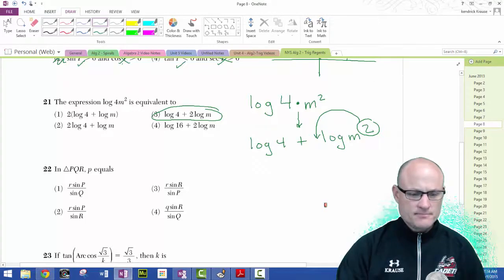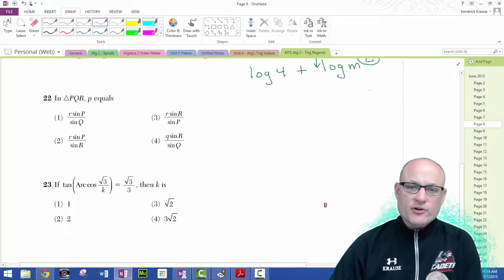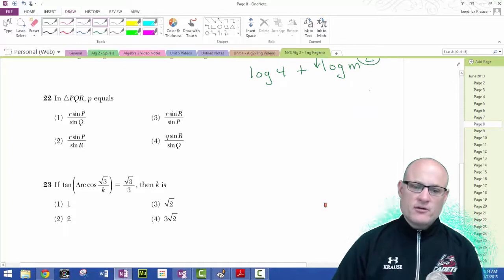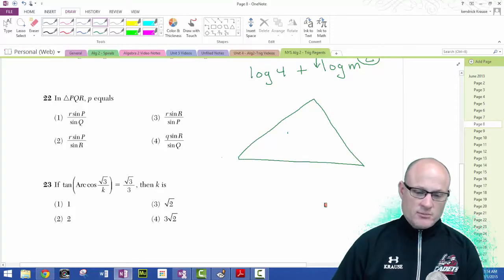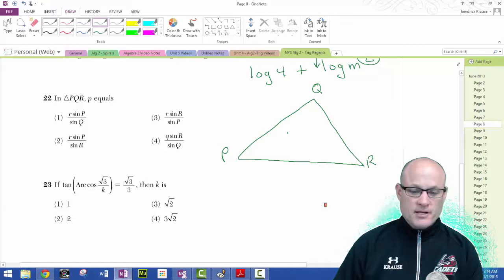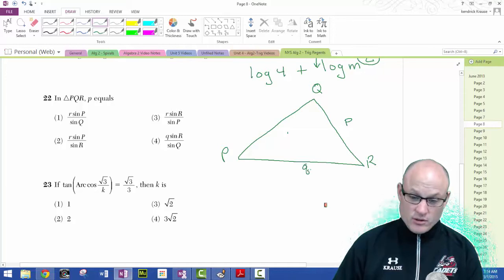Moving on. Now, when I first saw this question, I'm like, there's no triangle. What's going on here? Why don't they have a triangle drawn? Because you need to draw it. You need to create your own triangle. P, Q, R. And capital P is right here. Little p is right here. Little q is right there. And little r is right there.